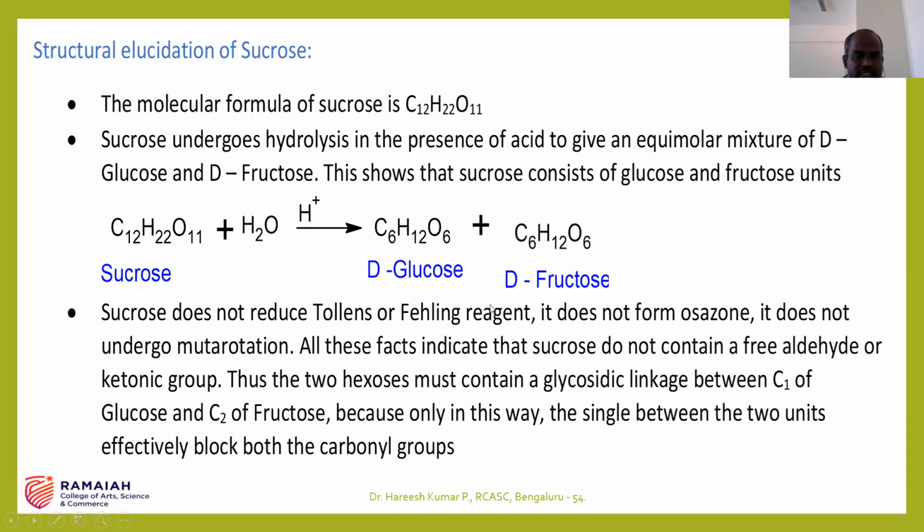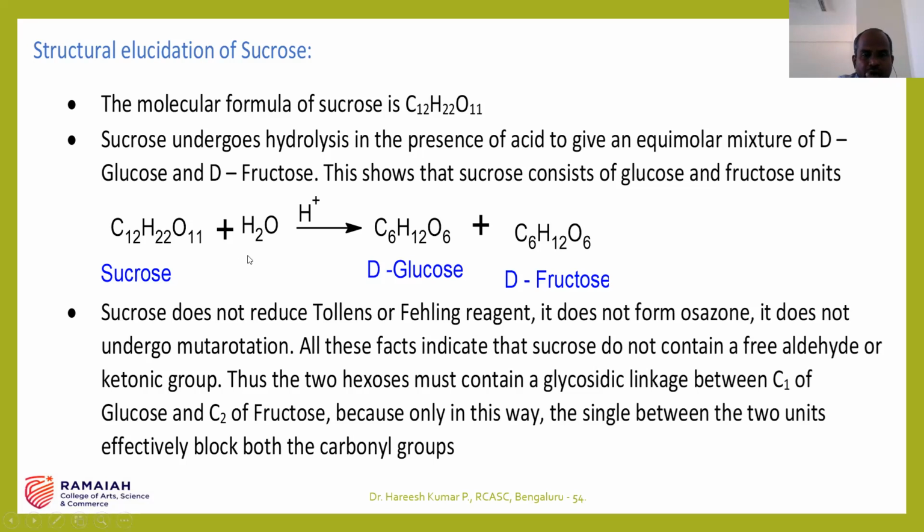What is Tollens reagent? Ammoniacal silver nitrate is the Tollens solution. What is Fehling solution? Fehling A, Fehling B. Fehling A is copper sulfate, Fehling B is sodium potassium tartrate.